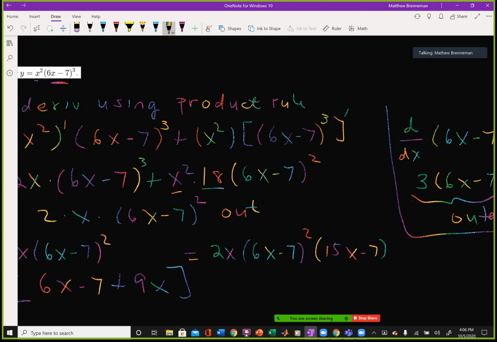And what I'm going to do now, because if I don't do this, I'm going to have to take the derivative of a product of 3 quantities, which I can do. I mean, it's just an extension of the product rule. But instead of messing around with that, I'm going to put the x back in here. So I'm going to go ahead and distribute the x.